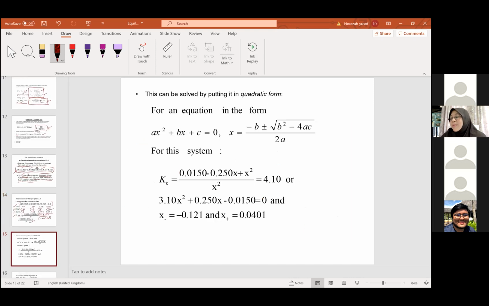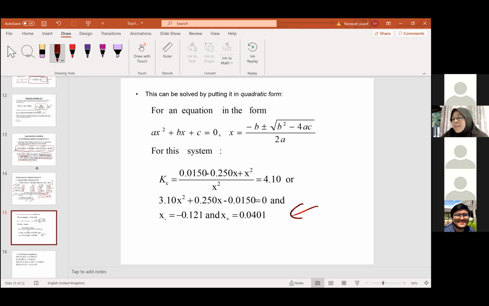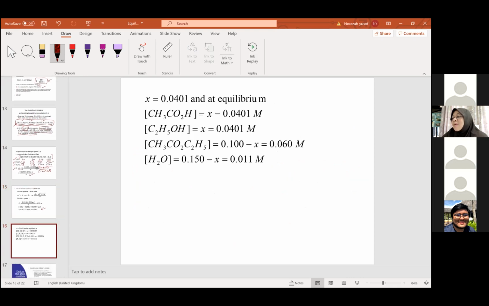I will not be teaching you how to solve the quadratic equation. This you should know from your mathematical knowledge. So in the end, you can solve the concentration at equilibrium for all the species involved. Because once you know X, then you know all the concentrations of all the species at equilibrium.